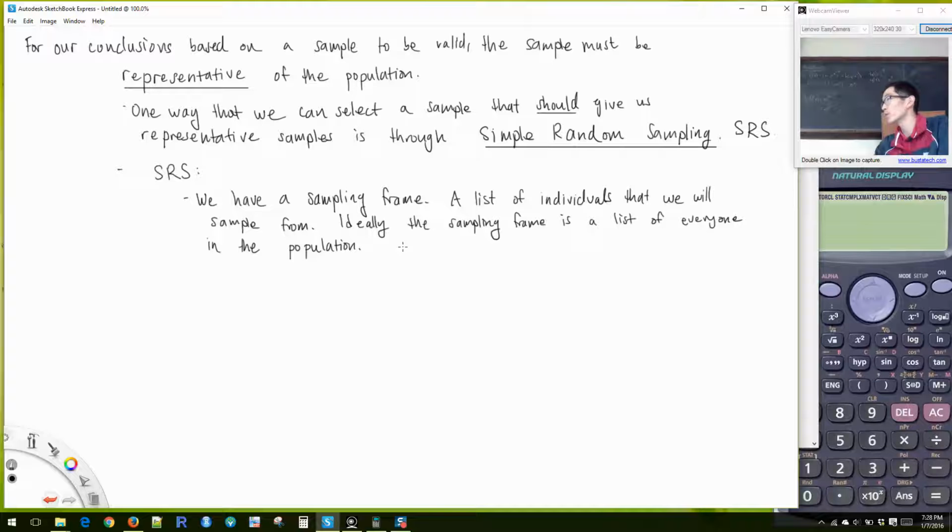So if your sampling frame, for whatever reason, does not include a certain group of people, then your sample will not include that group of people either, and that could affect the results of your study.